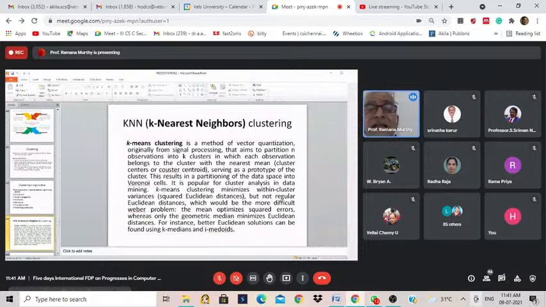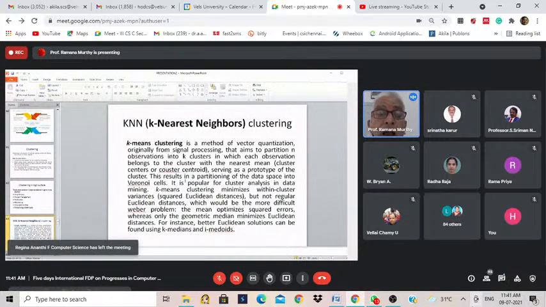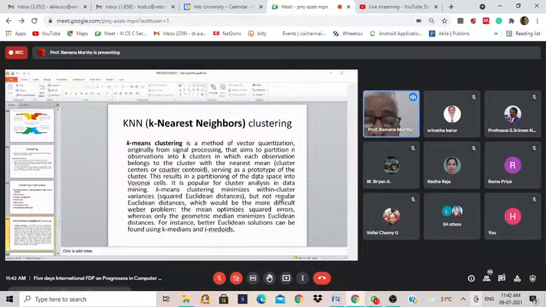That is what we call the cluster center or cluster centroid, serving as a prototype of the cluster. This results in partitioning the data space into Voronoi cells.